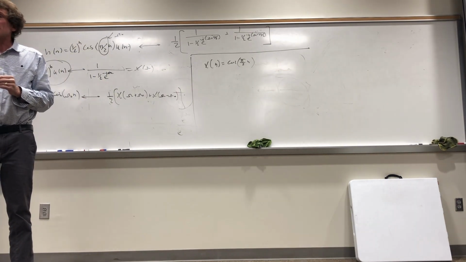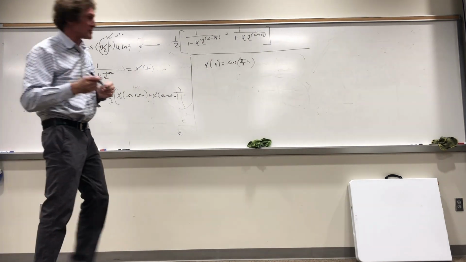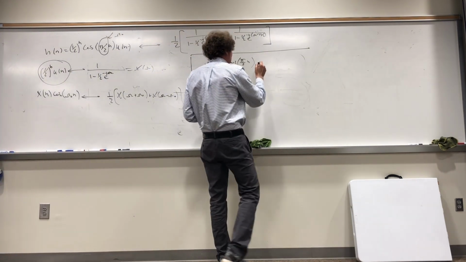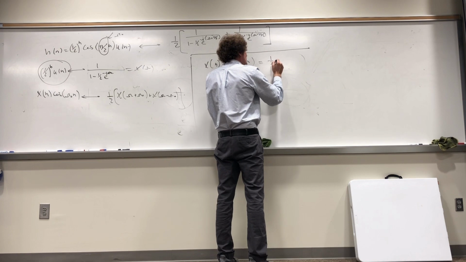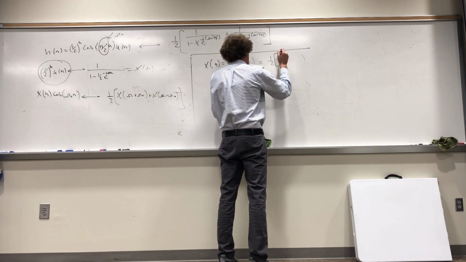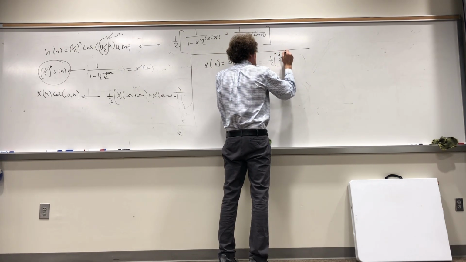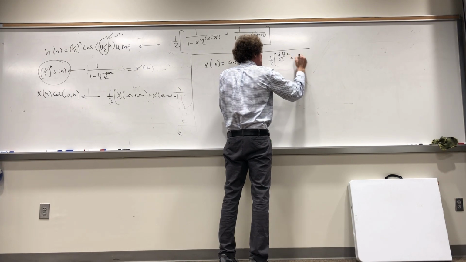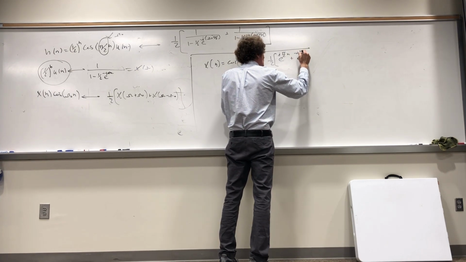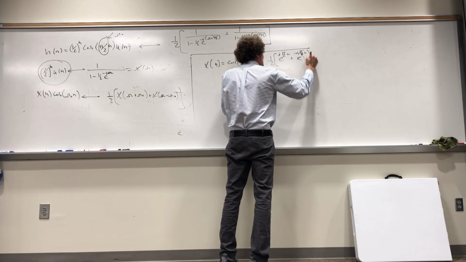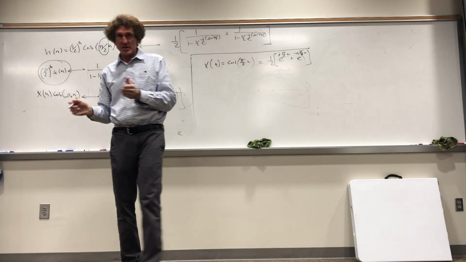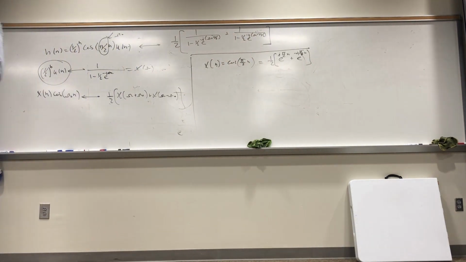Now, here's something important. I'm going to use Euler's formula on this. I'm going to say this right here is equal to 1/2 times e to the j pi over 2 n plus e to the minus j pi over 2 n. I'm just putting Euler's formula down there for a reason, and this is very important.